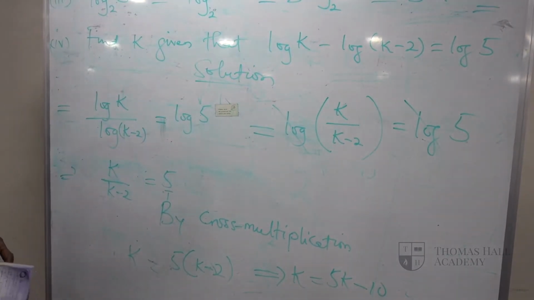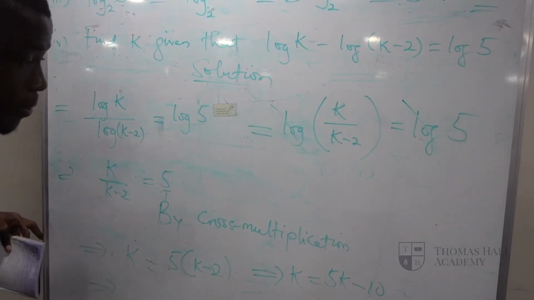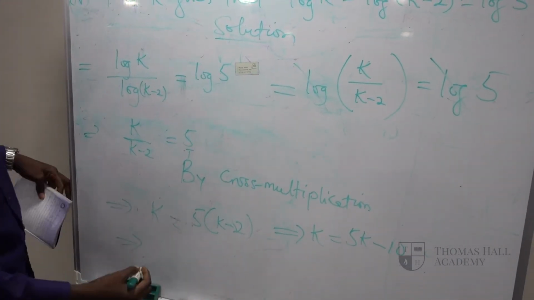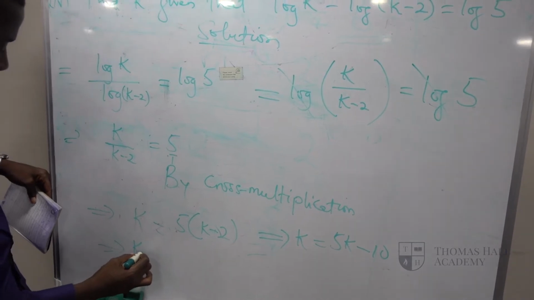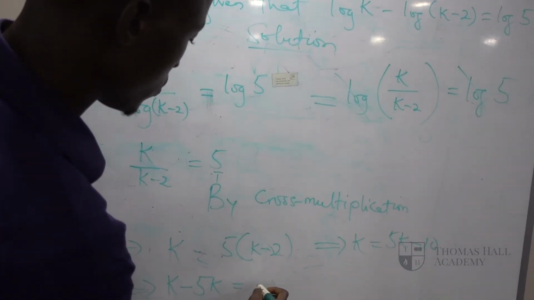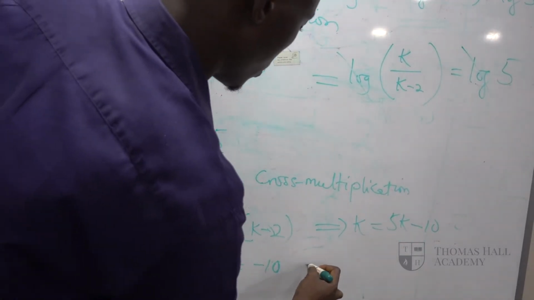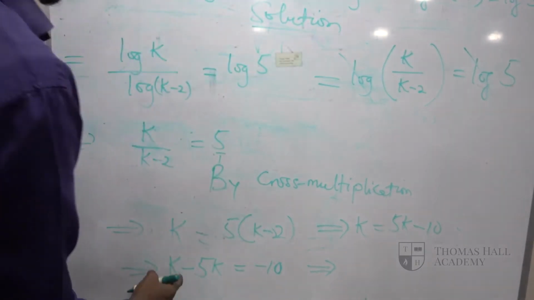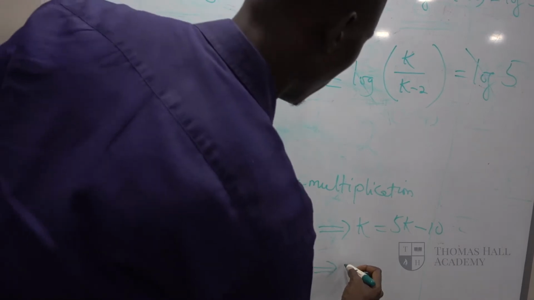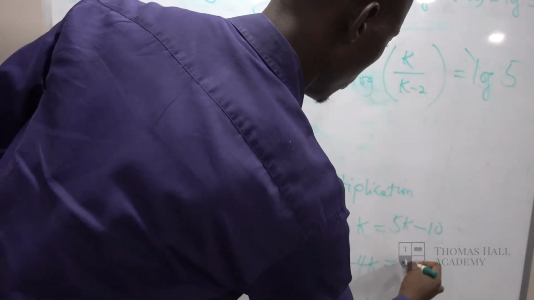Let's collect like terms again. 5k crossing the equality sign, we have k minus 5k equals minus 10. K minus 5k, just like saying 1 minus 5, gives us minus 4k equals minus 10.